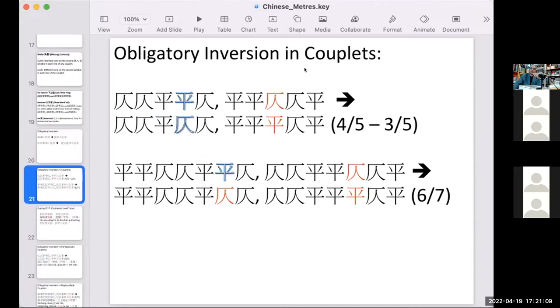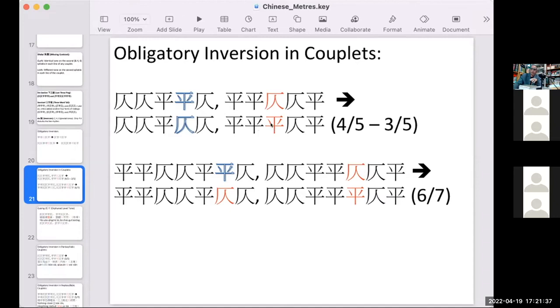Obligatory inversion in couplets. If zi zi ping ping zi, if this ping changed, no, this is the couplet. If this ping changed into zi, then in the second line, the other zi must also be changed into ping.